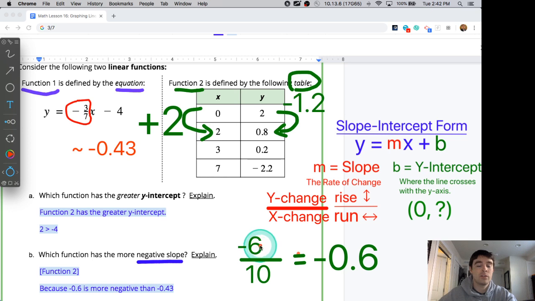And again, you could divide them both by 2 to get negative 3 over 5. And if I had done that originally, I wouldn't have to switch that to a decimal. And I would know that negative 3 over 5 is a more negative fraction. It's further away from 0 than negative 3 over 7. So you could have left these as fractions as well. As you see, part of this being the PhD problem, Khan Academy does get a little tough on that third assignment this week.